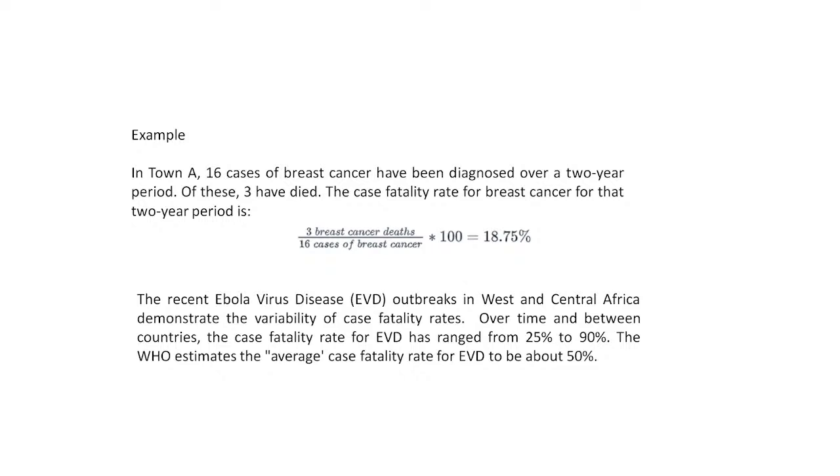Example: in town A, 16 cases of breast cancer have been diagnosed over a 2-year period. Of these, 3 have died.